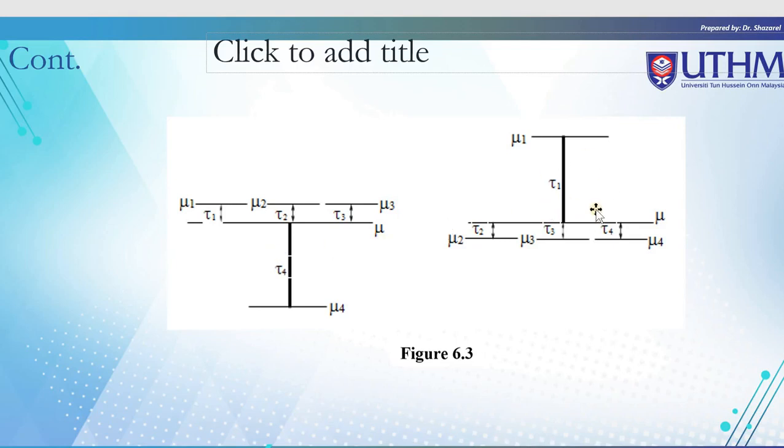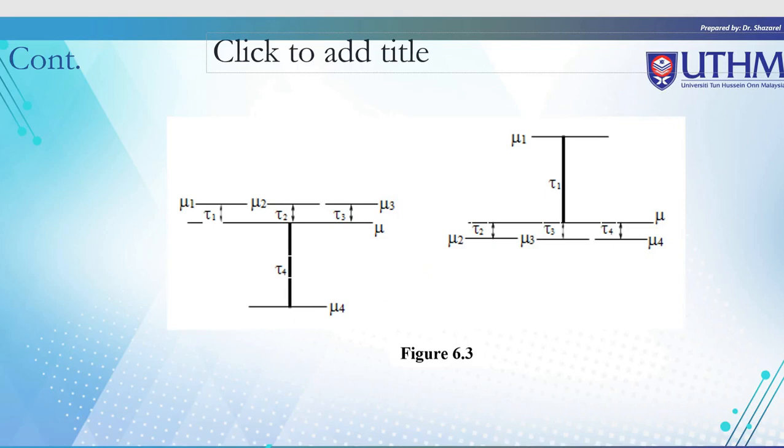Okay, for the second figure here, the overall mean is here. So tau 1 gives the most effect compared with the other levels.